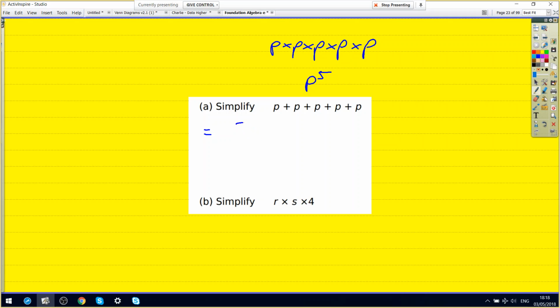Oh, 5p. Yeah. And so 5p is just short for 5 times p. p to the 5 is just short for p times itself 5 times. So if you've got plus in the middle, it changes the number to the left. If you've got times in the middle, it changes the number to the right.